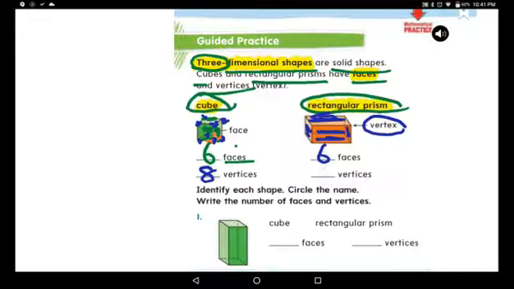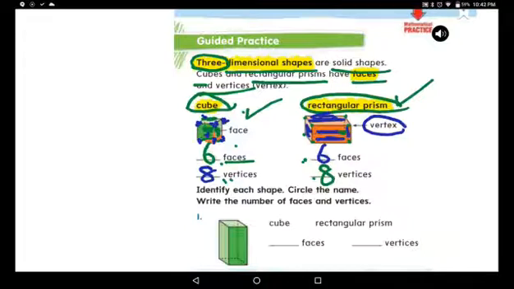Okay, so this is 1, 2, 3, 4, 5, 6, 7, and 8. See this one, it's hiding at the back. So they are 8 vertices. Look, cubes and rectangular prisms both have 6 faces and 8 vertices.